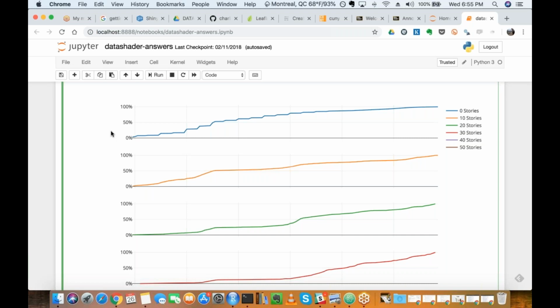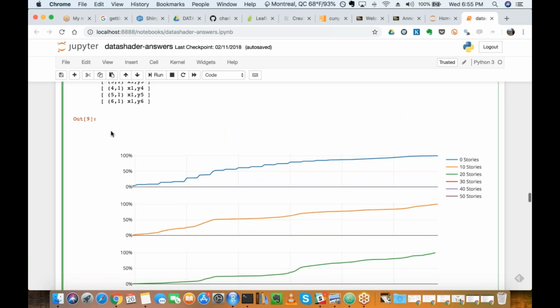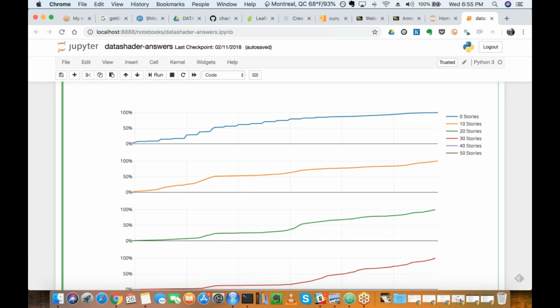But in this case, because I just wanted to keep this 0 to 100% scale for each of the categories, you're able to more easily compare what's happening.